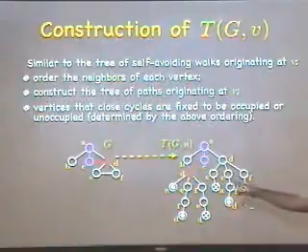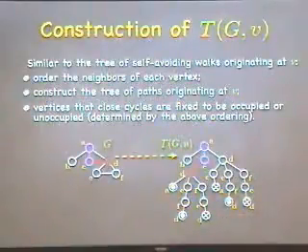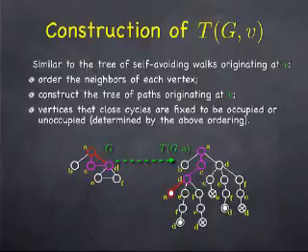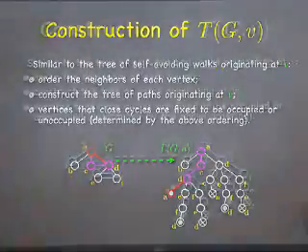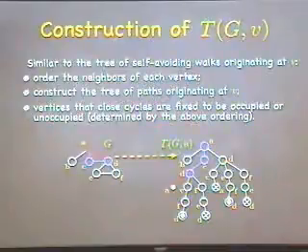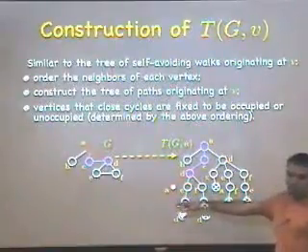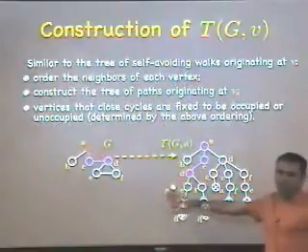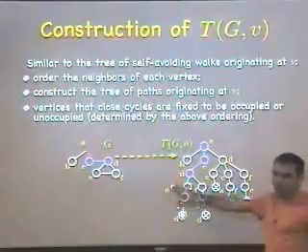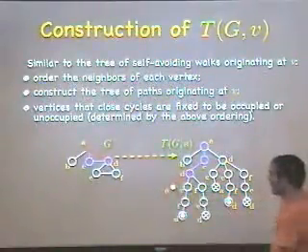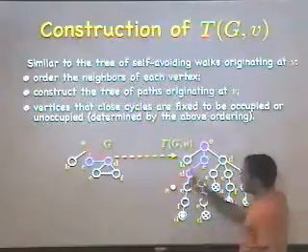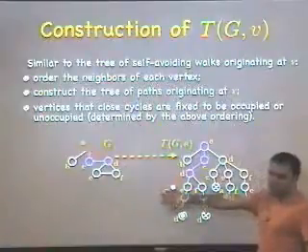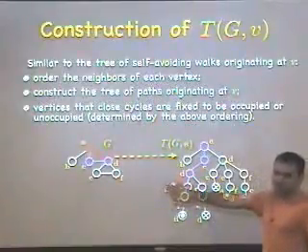And now some interesting things happen when I close loops. So what happens when I close a loop? For example, here I close a loop that started at A and ended at A. So I do add the vertex that closed the loop, but I fix it to be either occupied or unoccupied. So whenever I close a loop, I add the vertex to the tree, but it's a fixed vertex.